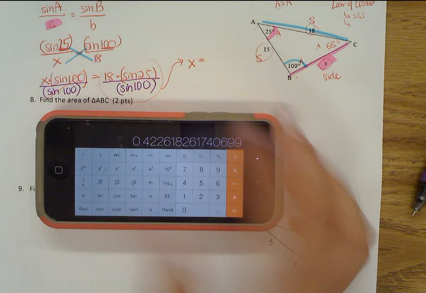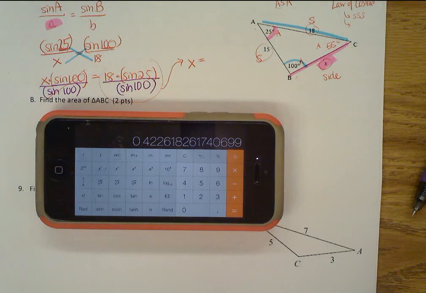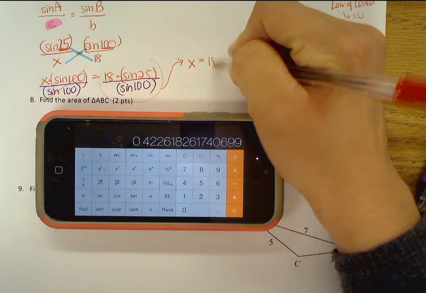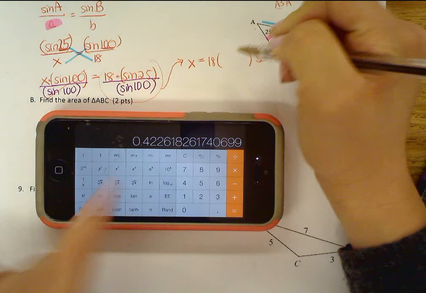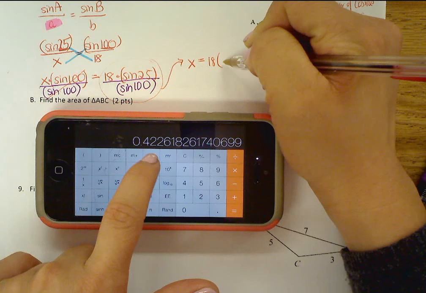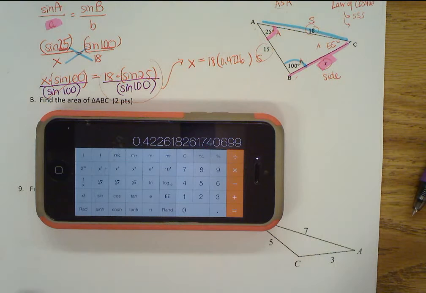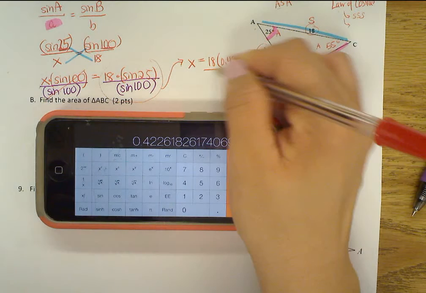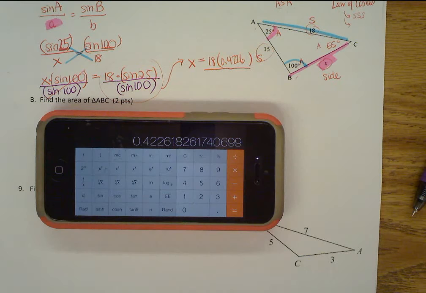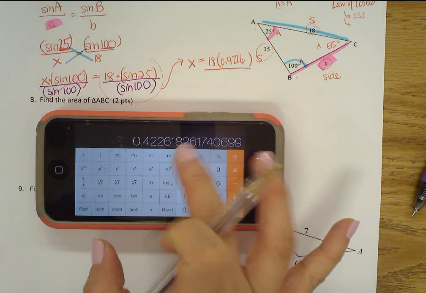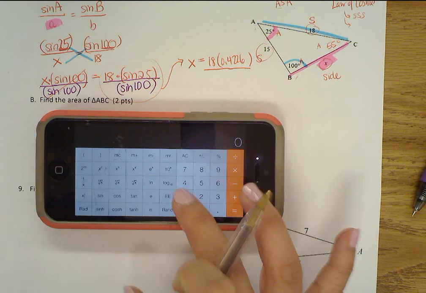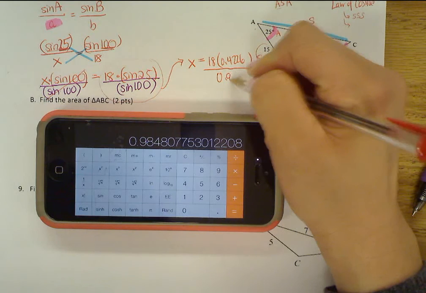If you're using something like this, I would literally plug in as many decimal places as possible. Sine of 25 is 0.4226. That's usually enough decimals. What's sine of 100? 0.9848.